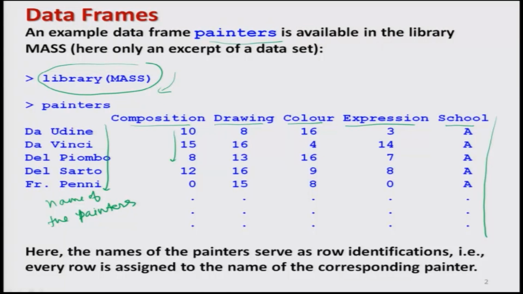All these variables are arranged in columns, and the data on those variables is arranged in rows. The first row gives you the details of the first painter, the second row the details of the second painter, and so on. The variables composition, drawing, color, expression are numeric variables, whereas school is a factor variable, with factor levels A, B, C, D, E, F, G, H.